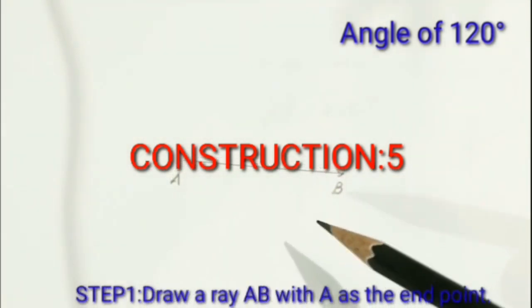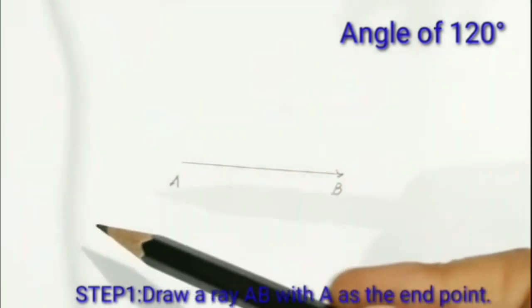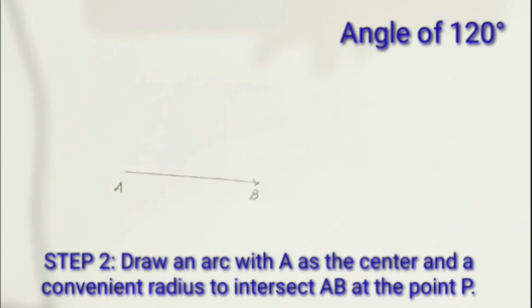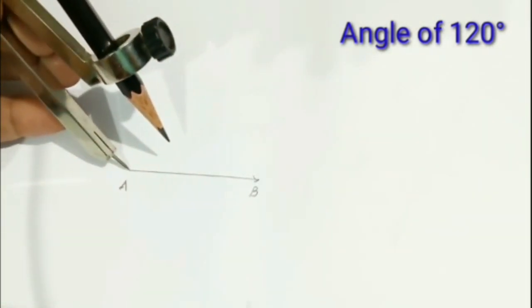To construct an angle of 120 degrees, step 1: draw a ray AB with A as endpoint. Step 2: draw an arc with A as center and a convenient radius to intersect AB at the point P. So let's follow step 2.